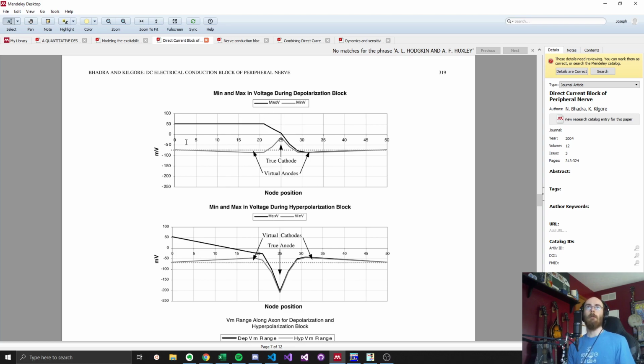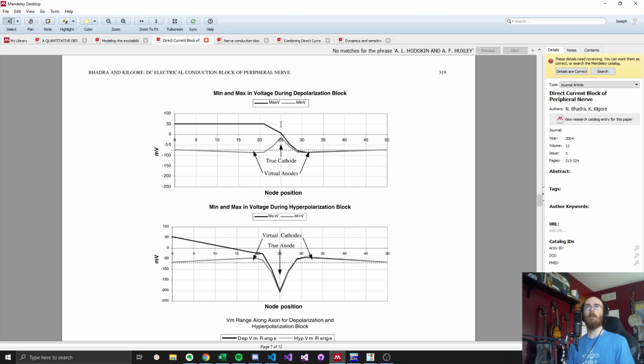So what's happening here? We have an axon that's 50 nodes long. We're using that MRG model, and in the center we have our external electrode hooked up, and it's creating an electric field, and that electric field is creating a potential at all the nodes. So we turn on our DC, in this case a cathodic DC, and that creates depolarization at the central node.